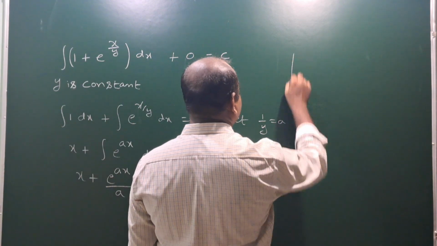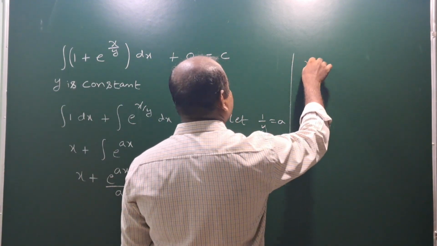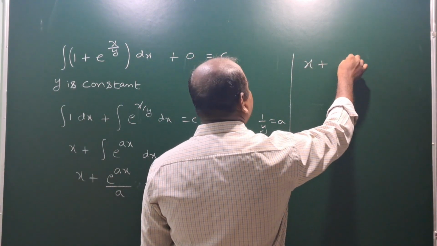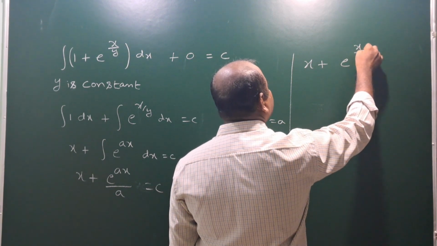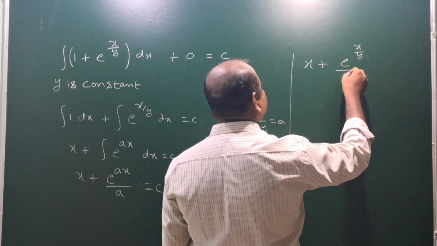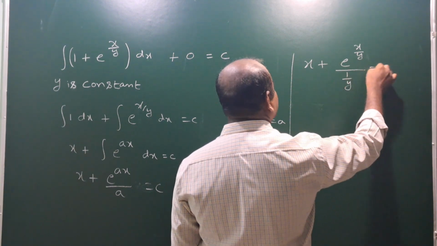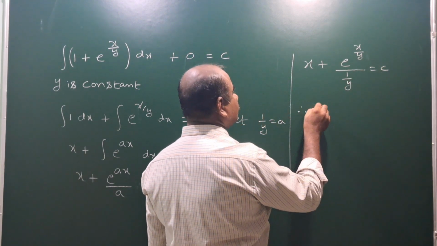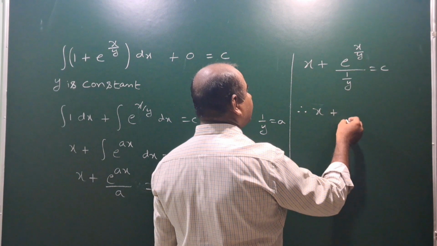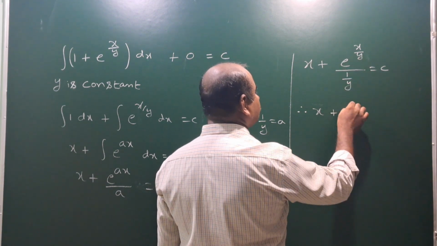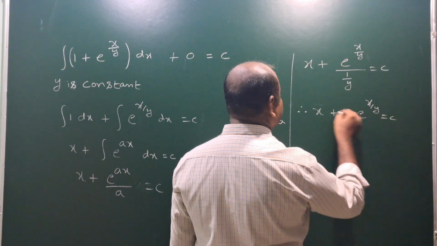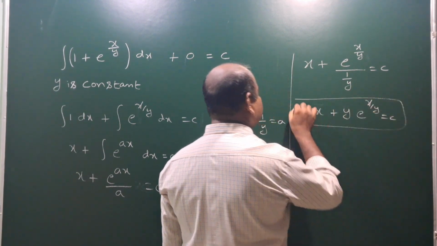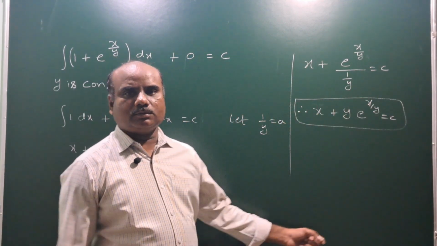So finally x plus e power ax means 1 by y into x, that means x by y, divided by a, which is 1 by y, is equal to c. So finally it becomes x plus y e power x by y is equal to c, with y going to the numerator. So finally this is the general solution of the given problem. Thank you.